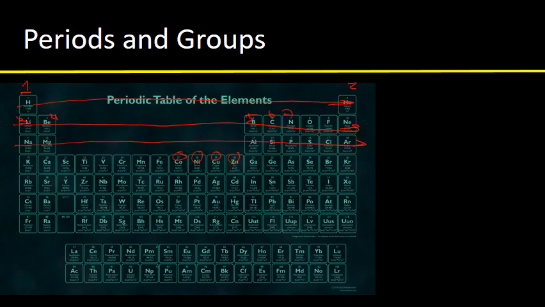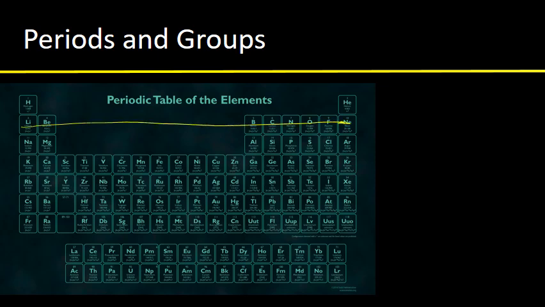So they're arranged in order of atomic number, which of course is the number of protons in each atom. Okay, and so the rows are called periods. So hydrogen and helium make up the first period. Lithium, beryllium, boron, all the way up through neon make up the second period. Sodium begins the third period, and so on and so forth.